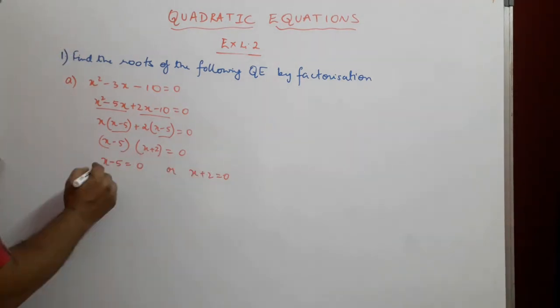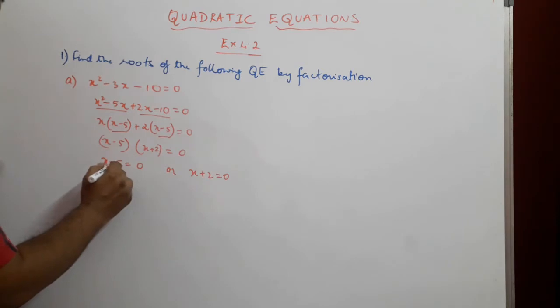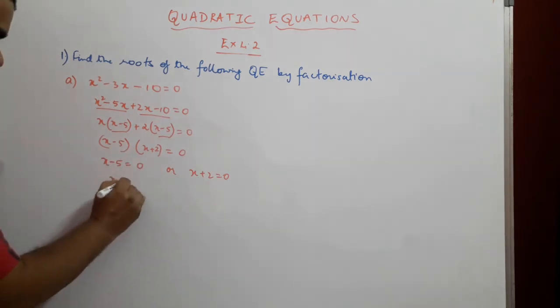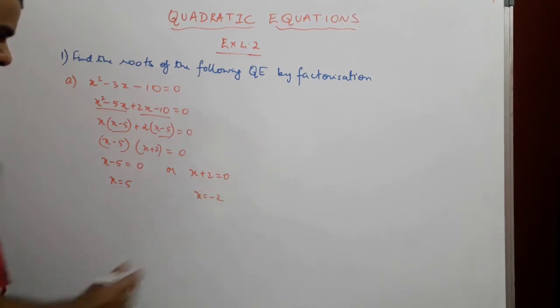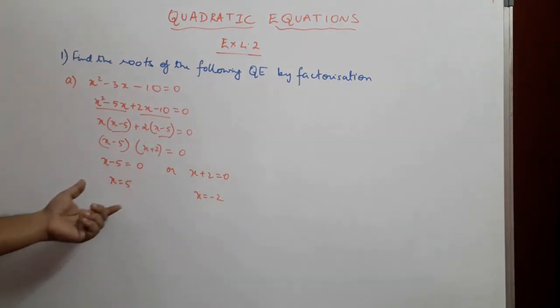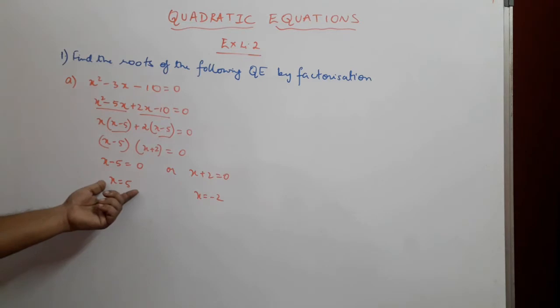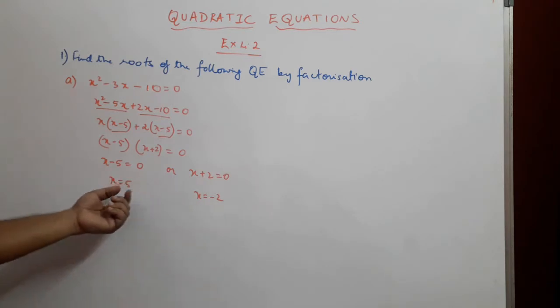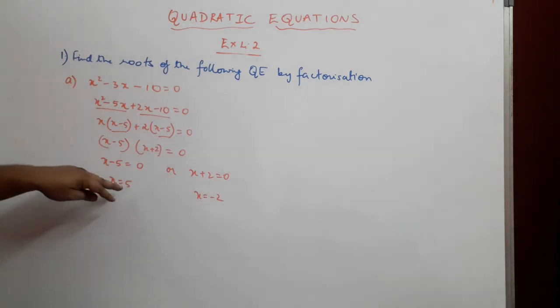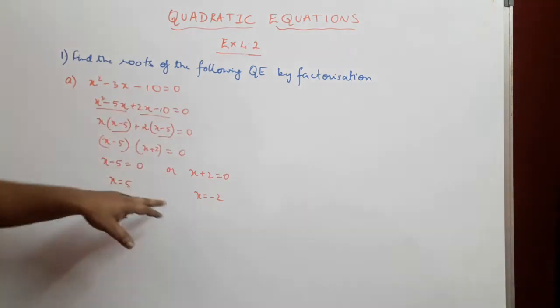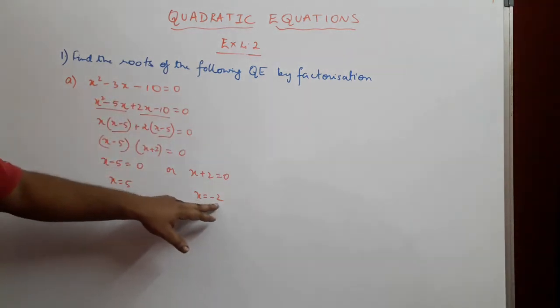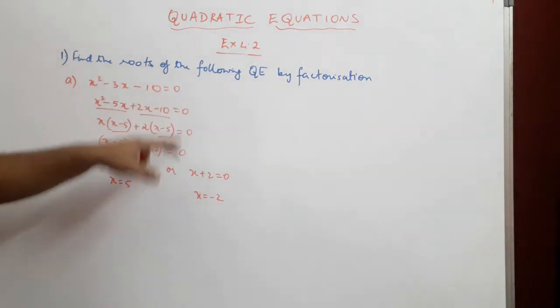So it can be either root, and then we take the constants on the other side and we get x equal to 5, and x equal to minus 2. So this tells you that these are the zeros, which means when we substitute x equal to 5 in this equation we should get 0, and similarly if we substitute x equal to minus 2 in this equation we should also get 0.